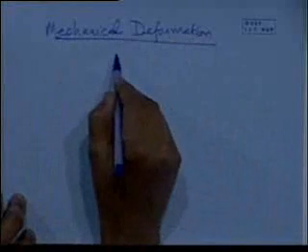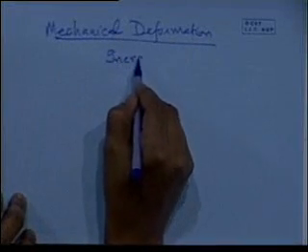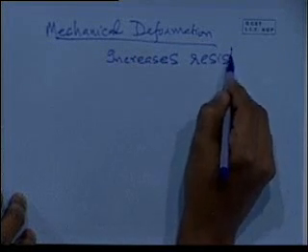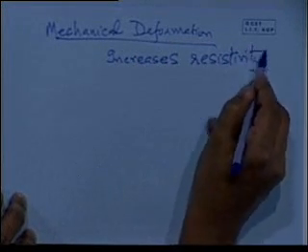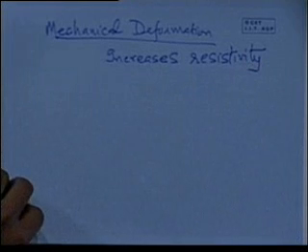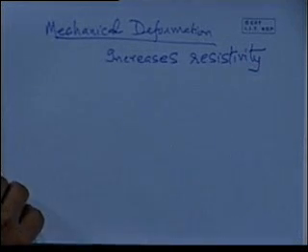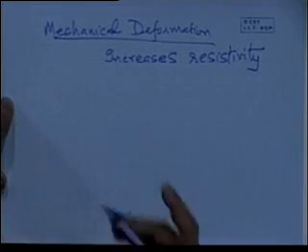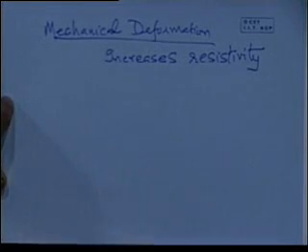So mechanical deformation also increases my resistivity. If I have materials which have not been annealed, and you've annealed out a lot of the dislocations, again the resistivity will come down.